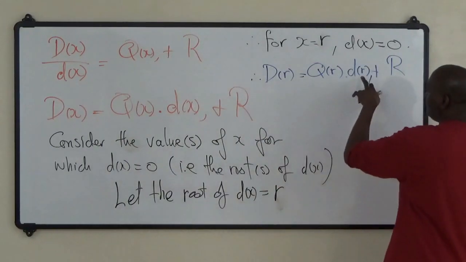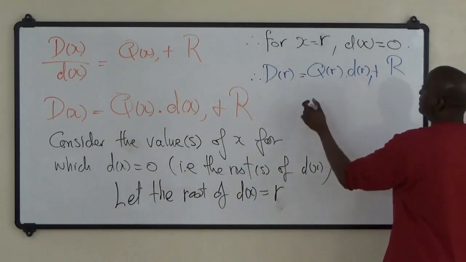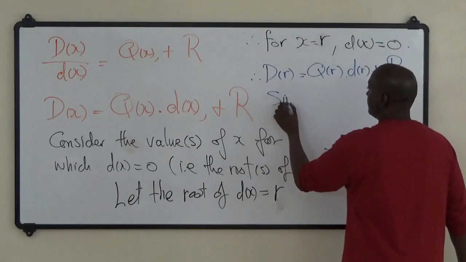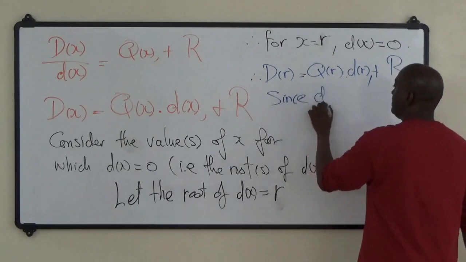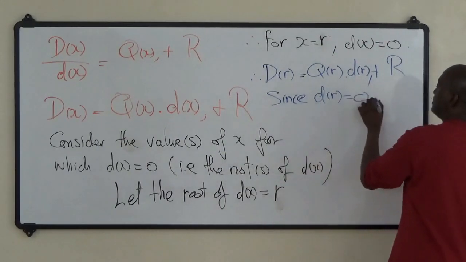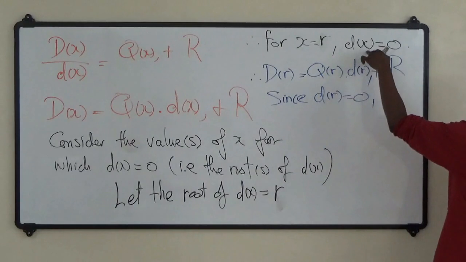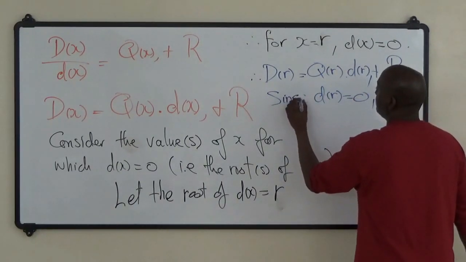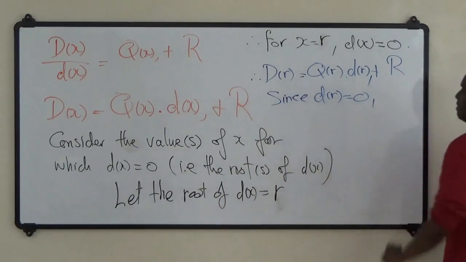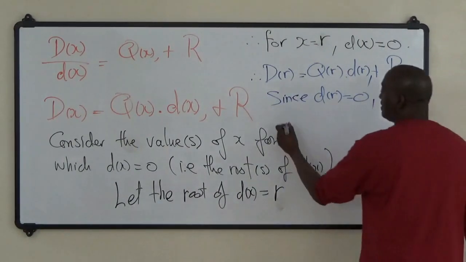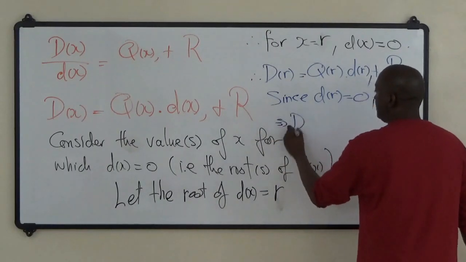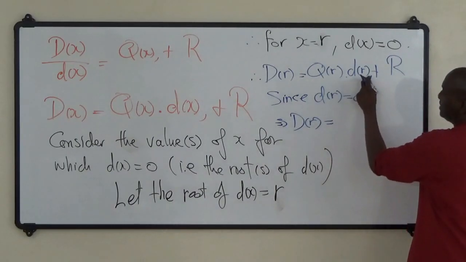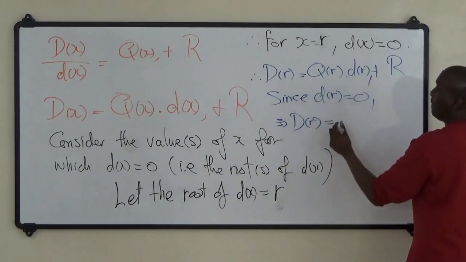And since d of r is equal to 0, that coming directly from here, right? If x equal r makes d of x equal 0, it means then that d of r is equal to 0. What it means then is that, if this is 0, then this multiplied by this will also be 0, right?